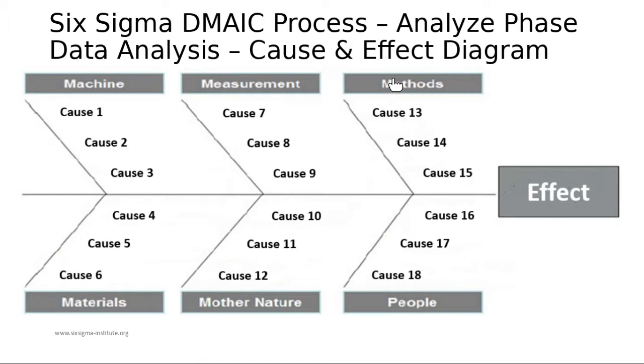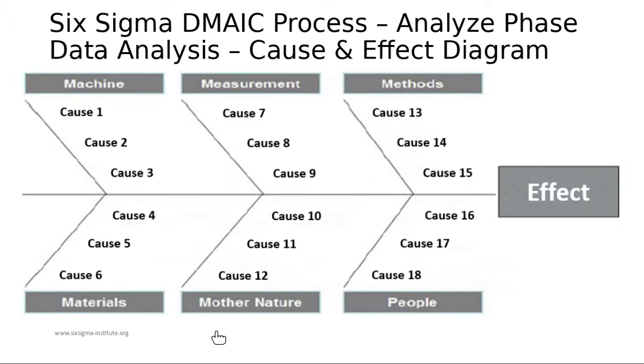You are not limited to those categories, even though those are very common in any problem and any process, like method, policy in the process, measurements like readings, machine, it could be calibration, or the machines you are using are causing the issues. Materials are similar to the machine. Mother nature, for example, when a disaster happens.